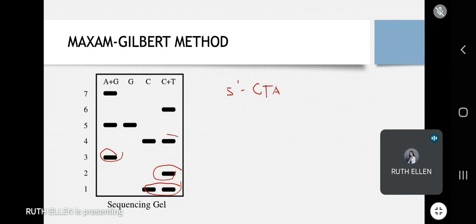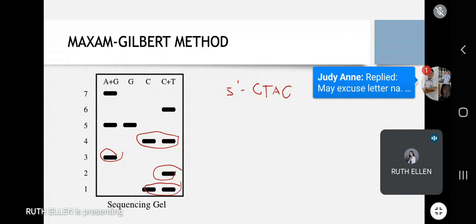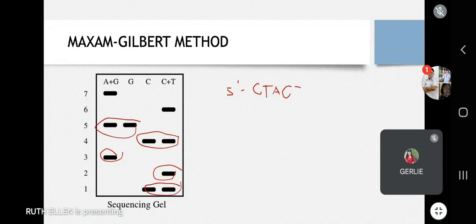Next, cytosine and thymine. Cytosine po. Okay? Next, we have bands present for adenine and guanine. Guanine po. Okay, guanine. Next, we have bands present for cytosine and thymine. Thymine.